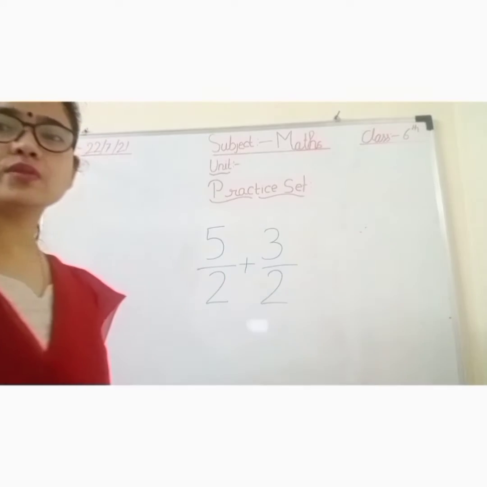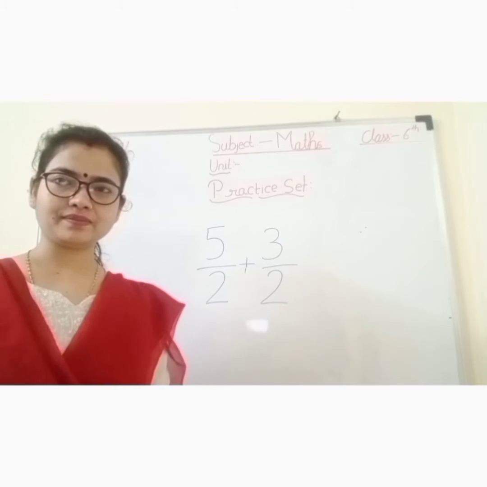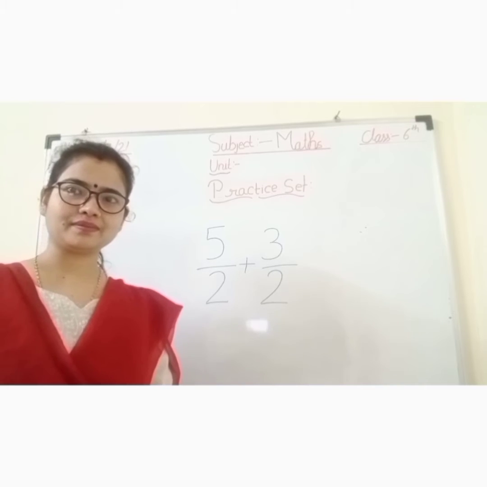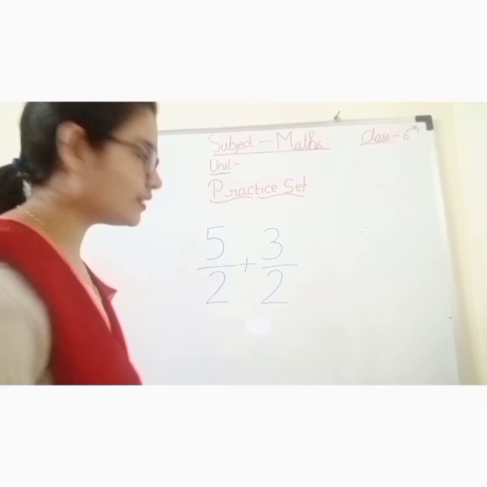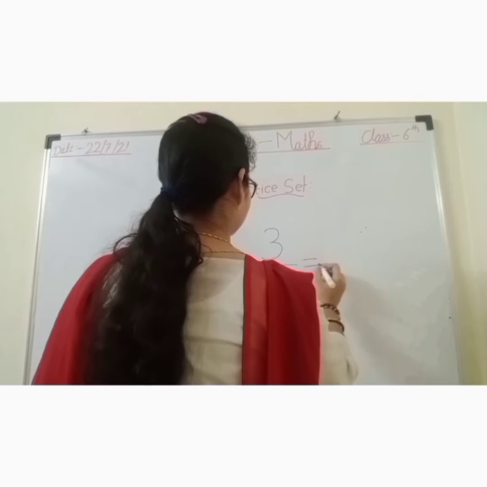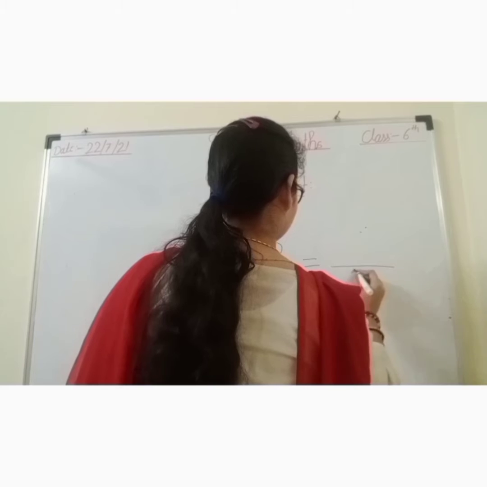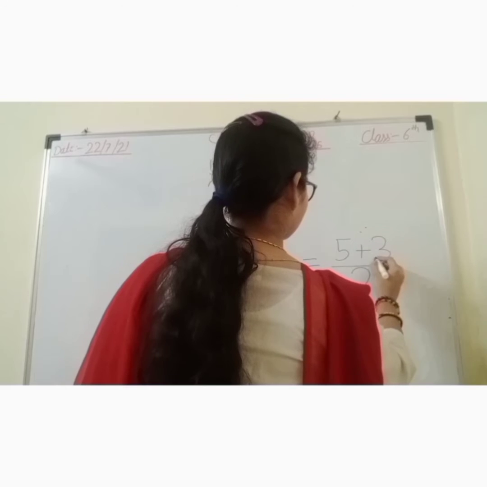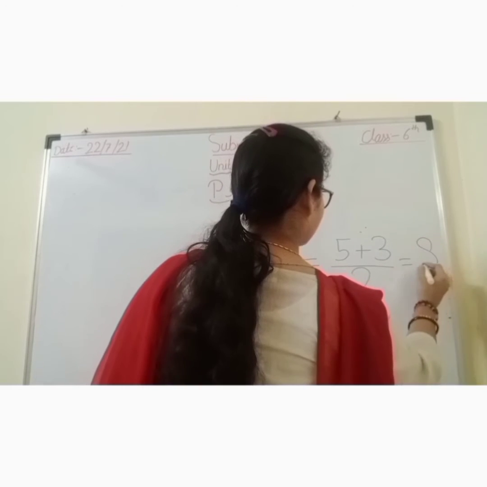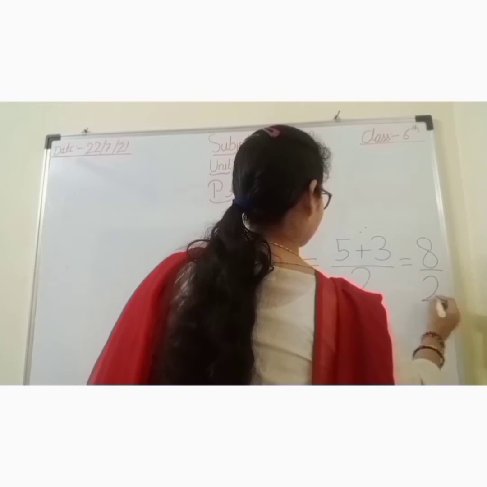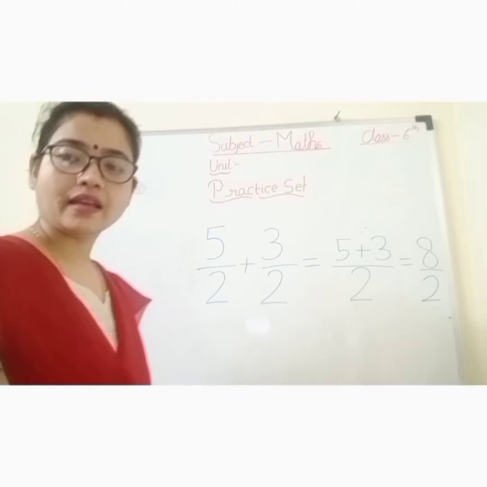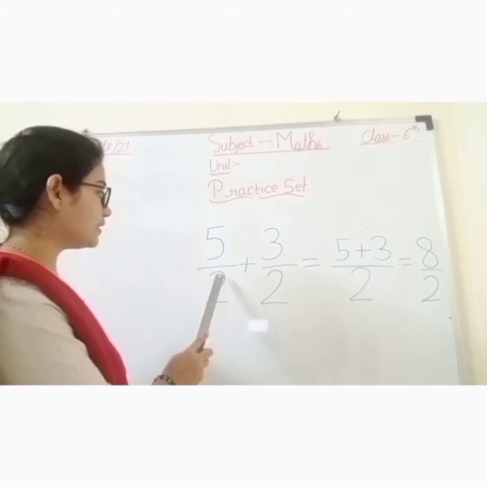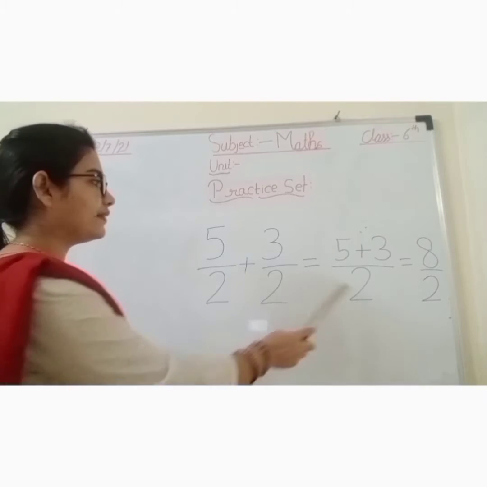How will we solve this, students? Try to solve it. I hope you have tried this question. See here, students. The denominators are 2 and 2, so I have taken the LCM as 2.